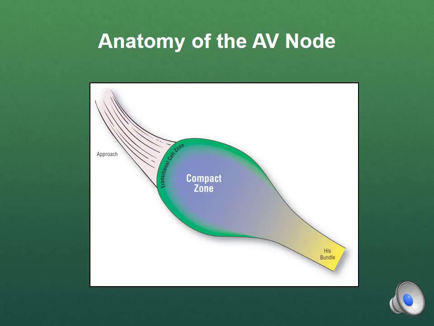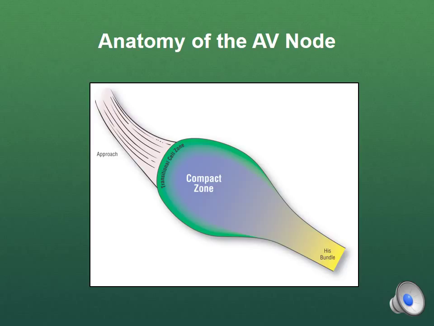You do have three zones of the AV node. You have the transitional cell zone, where the interatrial tissue connects into the node. You have the compact zone, which we will discuss in a later lecture, where we have a cyclic movement of the stimulus through the AV node.